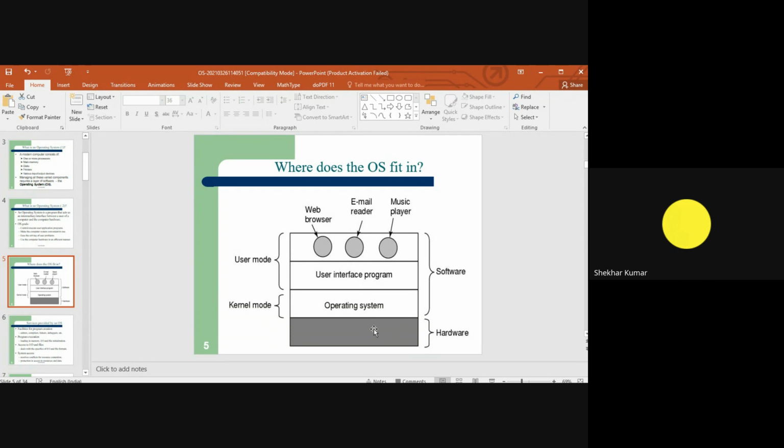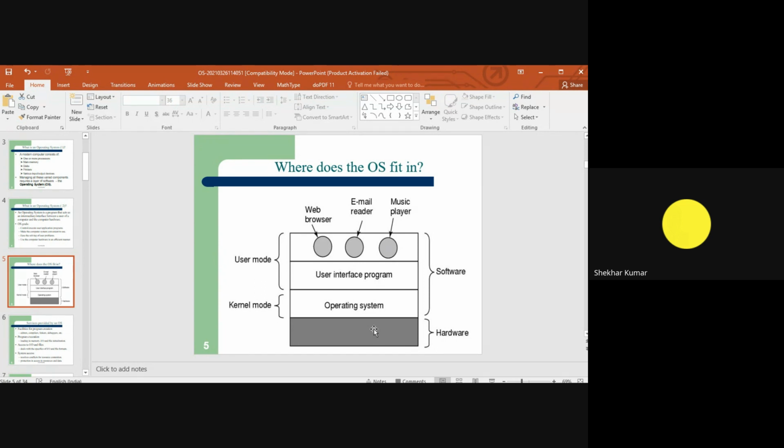If that task is not executed within that time, then there will be a drastic change in the system. So there are two types of real-time operating systems: soft real-time operating systems and hard real-time operating systems.